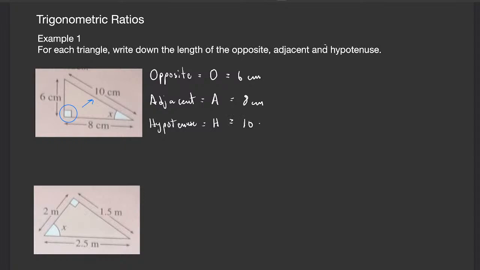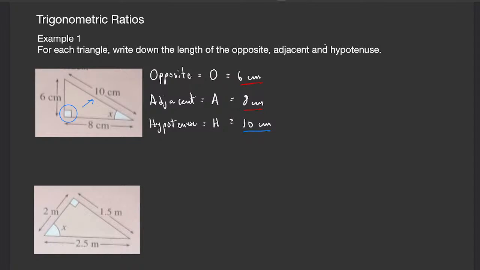So our hypotenuse is 10 cm. We could have also used the process of elimination. A triangle has only 3 sides. We have already determined the side that is opposite and the side that is adjacent, and we're left with the hypotenuse. So the opposite is the 6 cm side, the adjacent is the 8 cm side, and our hypotenuse is our 10 cm side.